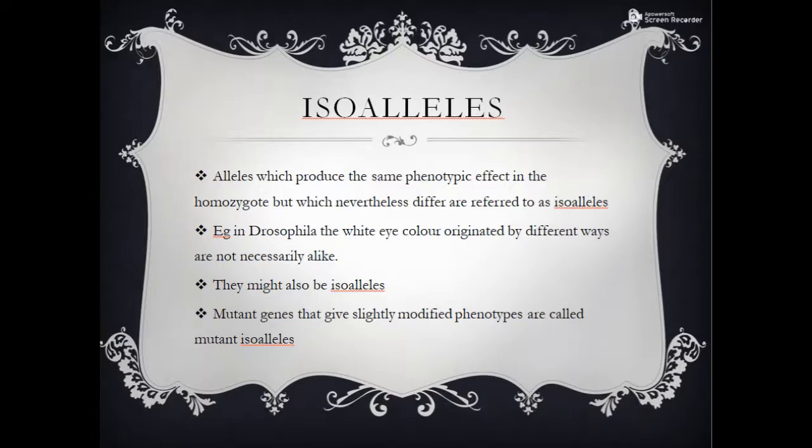In the case of white eye color in Drosophila, they might have originated in different ways, but they are not necessarily alike in genotype, and such alleles are referred to as isoalleles. Mutant genes that give slightly modified phenotypes are also called mutant isoalleles.